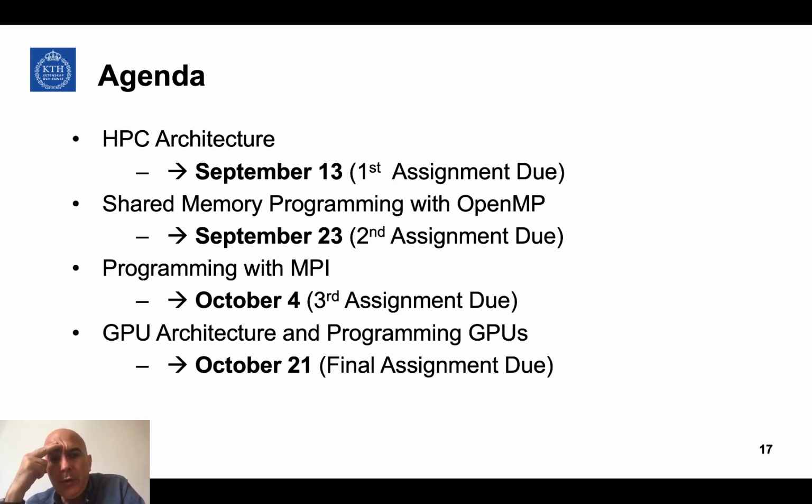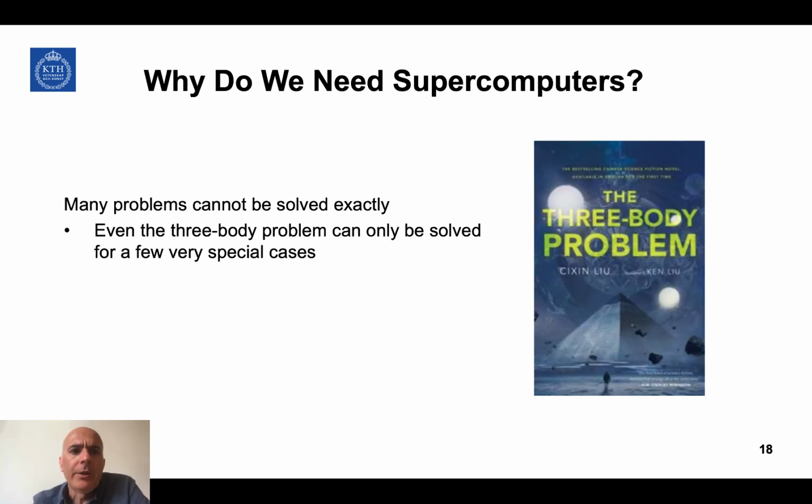And then we will look at programming with MPI until October 4th and GPU architecture by October 21st. Keep in mind that by October 23rd, you need all 4 assignments if you want to pass the course and get your credits registered in LADOK.